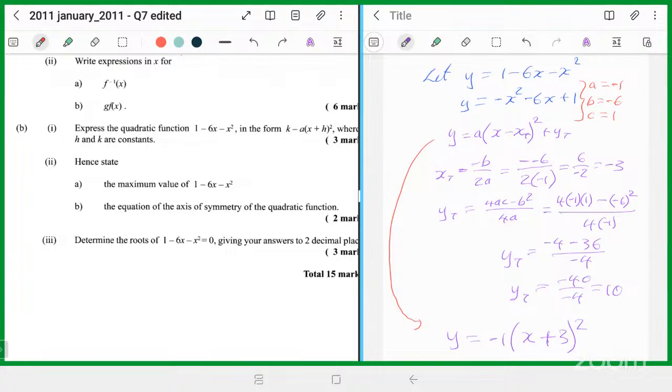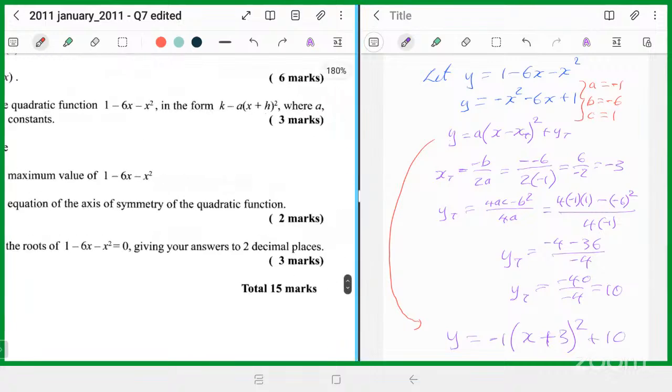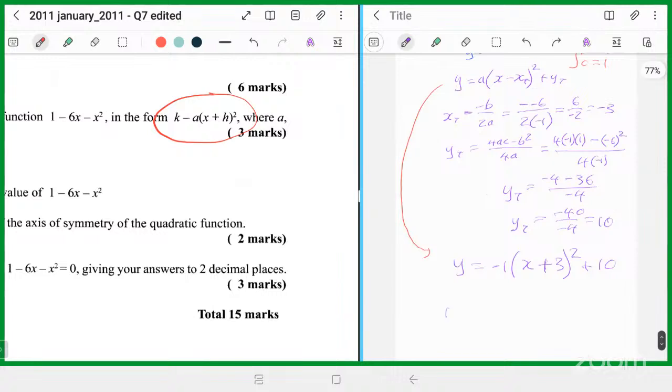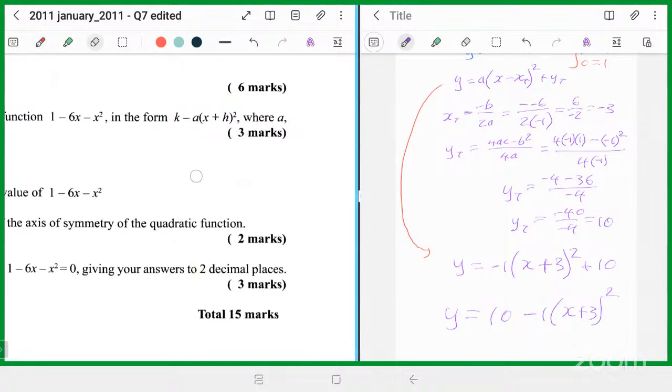And then you're adding yt, where yt is 10, plus 10. And if you want to make it look like this that they gave us, you can put the 10 in front, right? And so it becomes y equals 10 minus 1 into x plus 3 squared, if you want to make it look like that, which it now does. That is it.